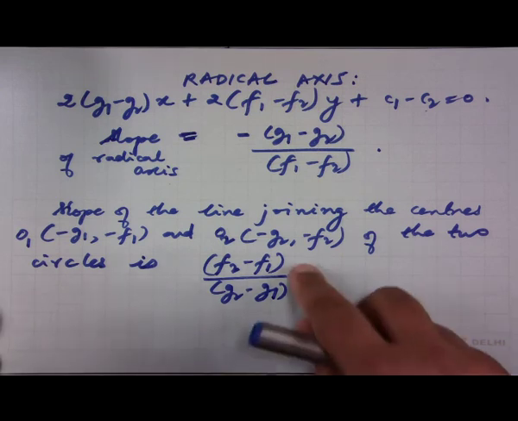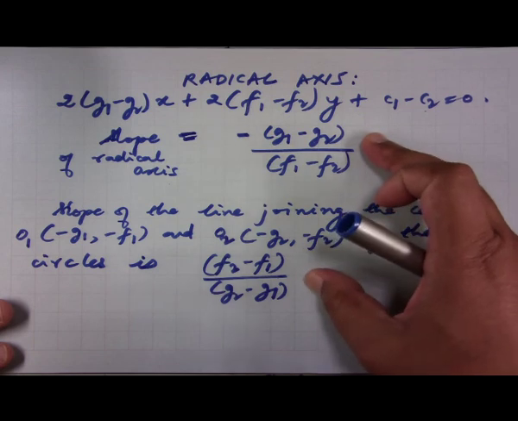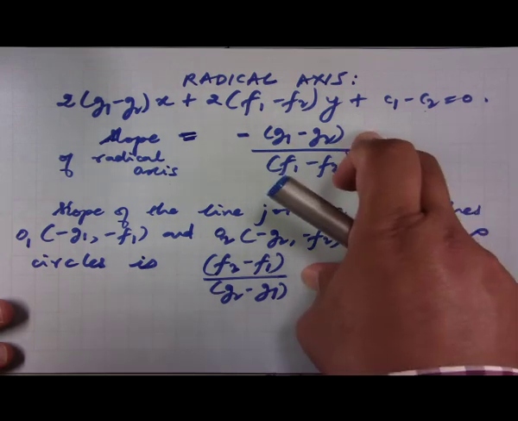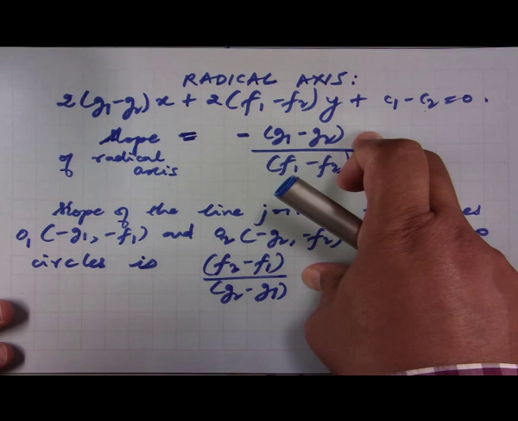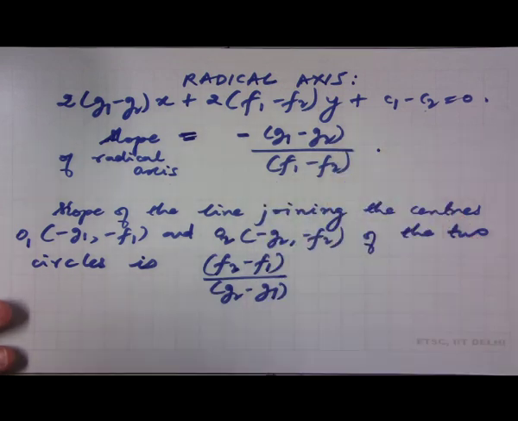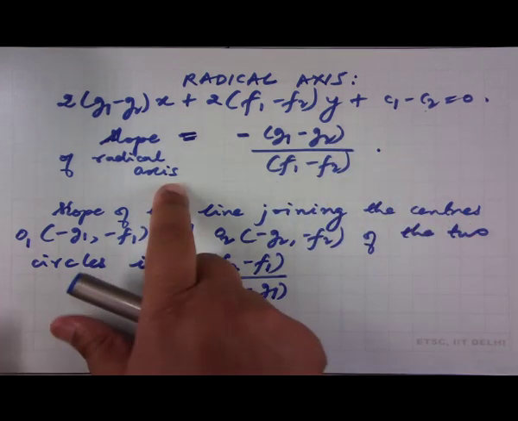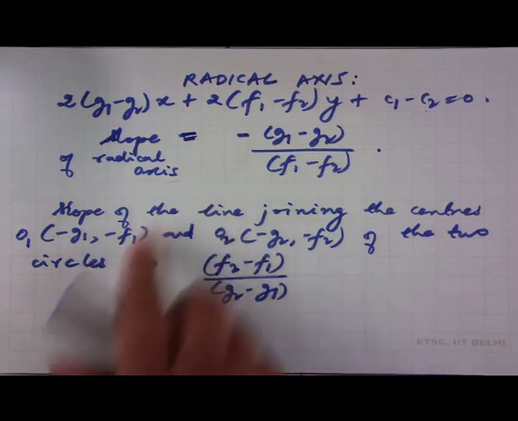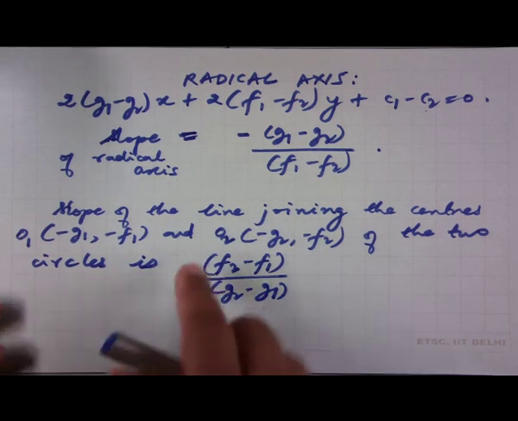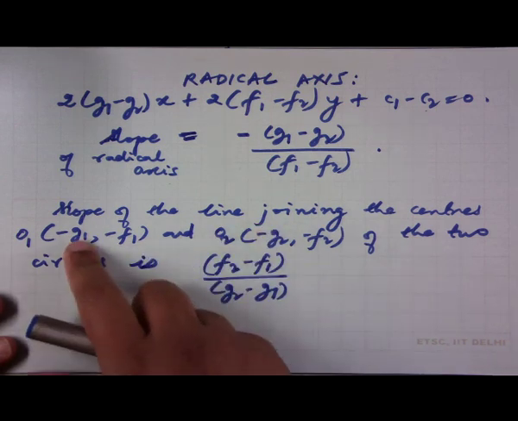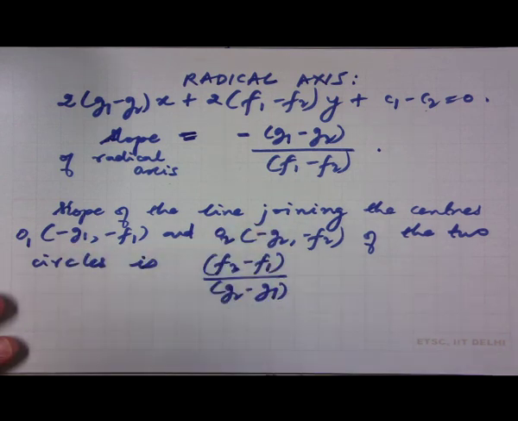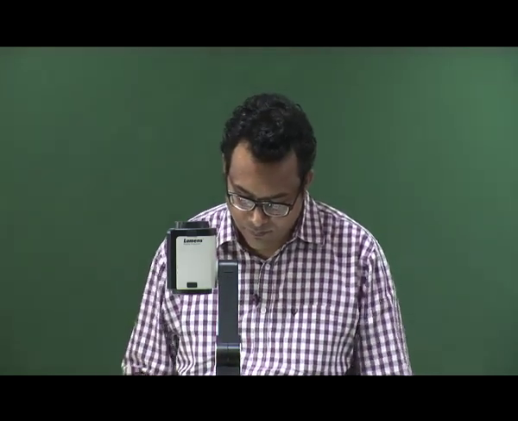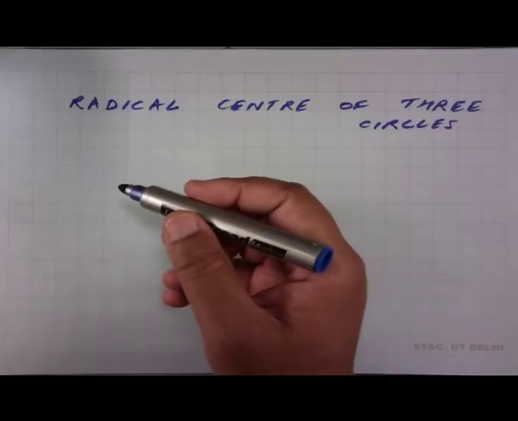Now, if we take the product of these two slopes, we see that the product is minus 1. What that basically tells us is that the radical axis is always perpendicular to the line joining the centers of the two circles.